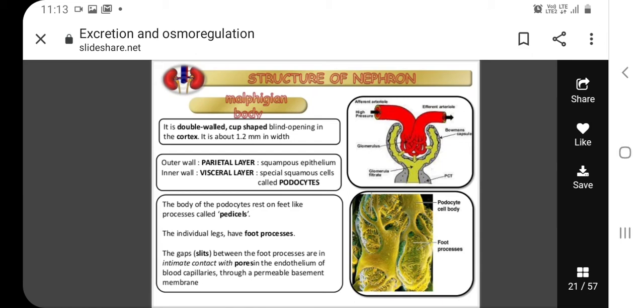The branch that enters the glomerulus is called the afferent arteriole, and the branch that exits the glomerulus is called the efferent arteriole.